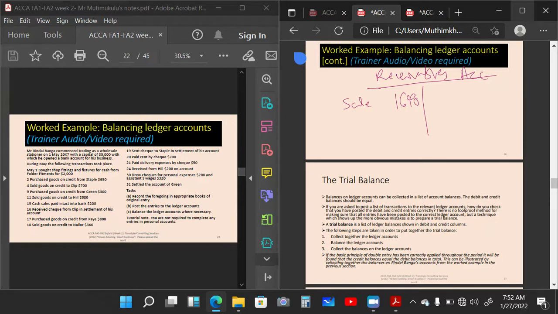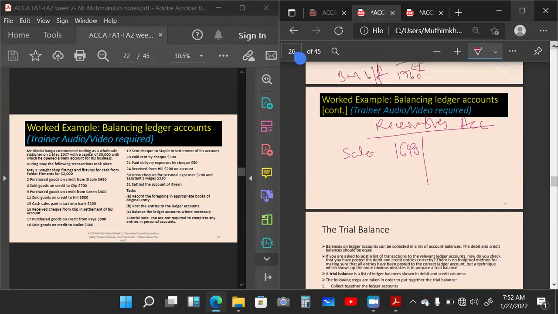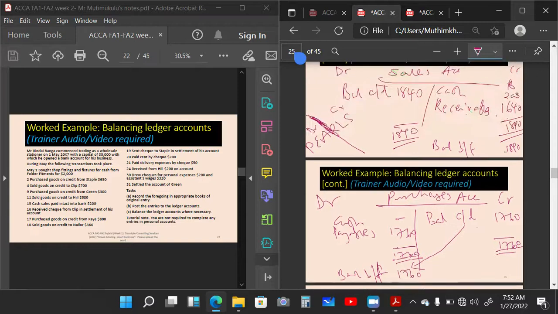But there is a problem. According to the sales, it has reported receivables as 1640. But there are other customers who have paid their accounts according to the cash book.